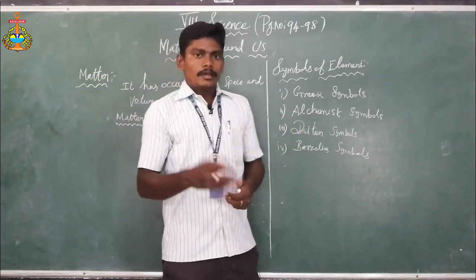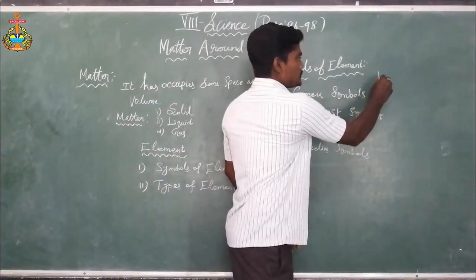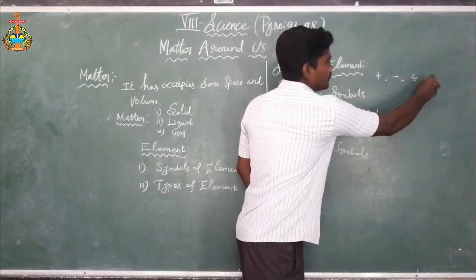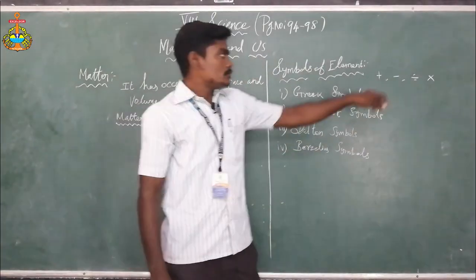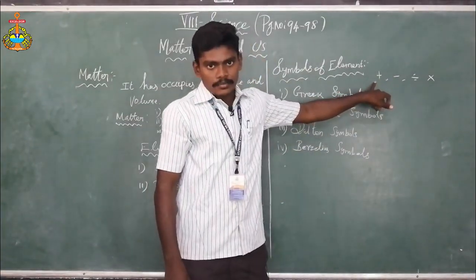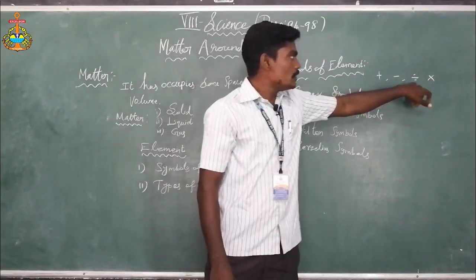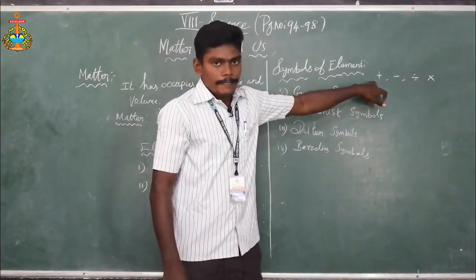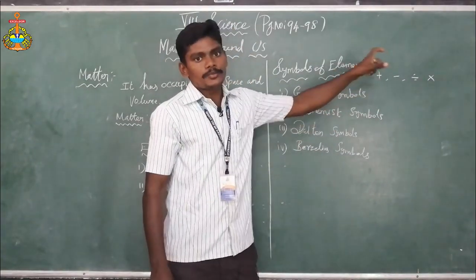For example, we denote mathematical operations like plus, minus, division and multiplication. These are the kinds of symbols we use in mathematics. What is plus? Plus is adding two numbers. It denotes adding two numbers.